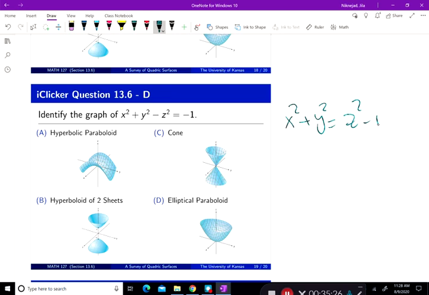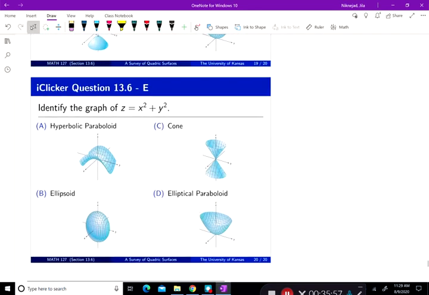I can see the cross sections: if the absolute value of z is bigger than 1, all the cross sections are circles, which is a form of ellipse, and there is no intersection when the absolute value of z is less than 1. Therefore, it's a hyperboloid of two sheets.